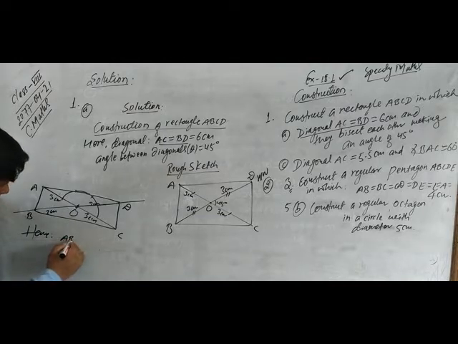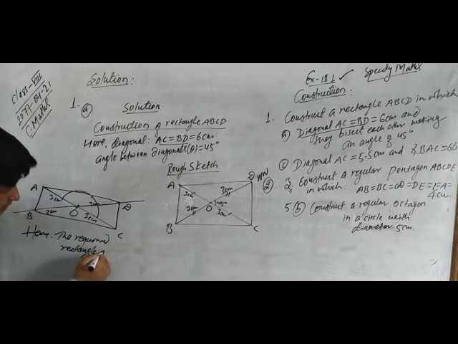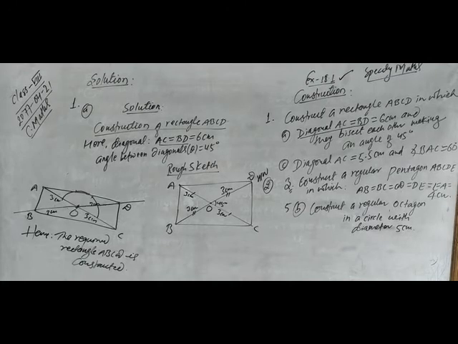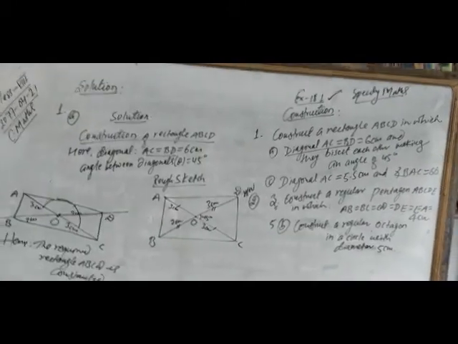Hence ABCD is the required rectangle. The required rectangle ABCD is constructed. In this way you can construct the rectangle. It is very easy to construct.